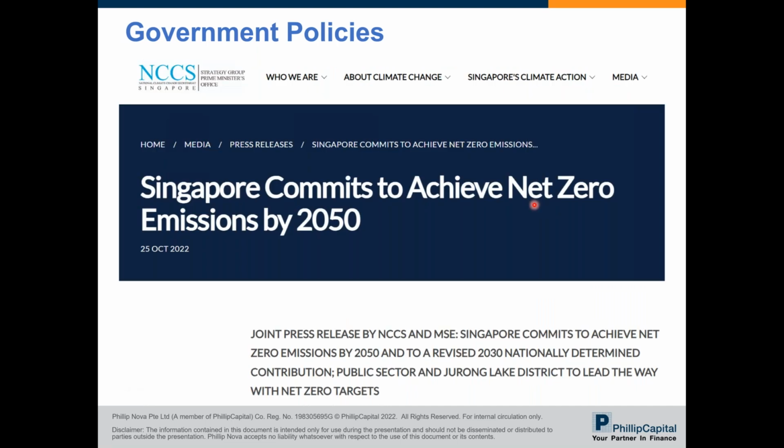And the Singapore government is committed to achieve this net zero emission by 2050. Meaning that for all the power, all the energy that we generate, that we use, we do not add in more carbon, we do not contribute those carbon emission to the earth.